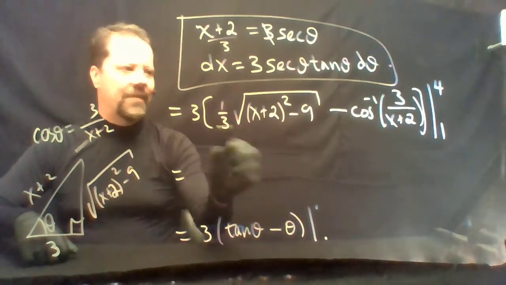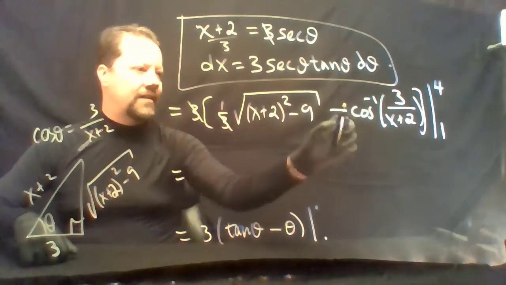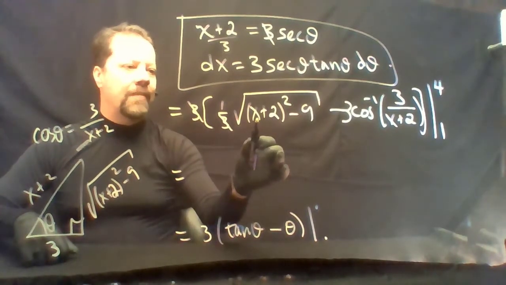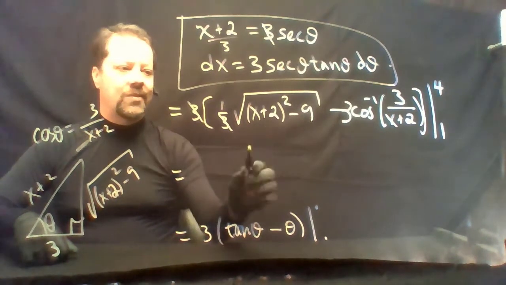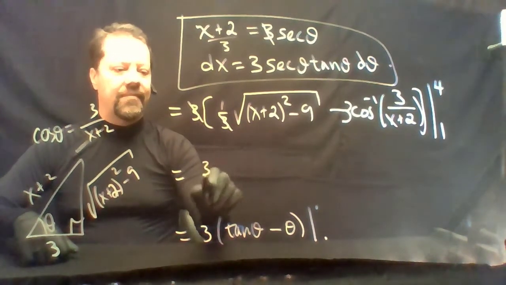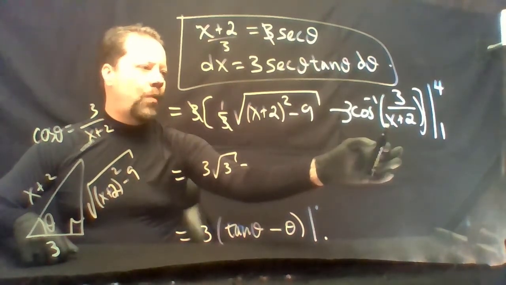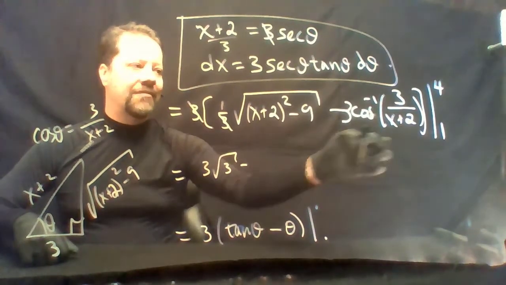Plugging in 4, let's see, I guess we can distribute this 3. That'll give us a 3 in this spot. Plugging in 4, 4 plus 2 is 6, squared is 36, minus 9 is 27. The square root of 27 is 3 root 3. Plugging in 4, 3 divided by 6 is 1/2.